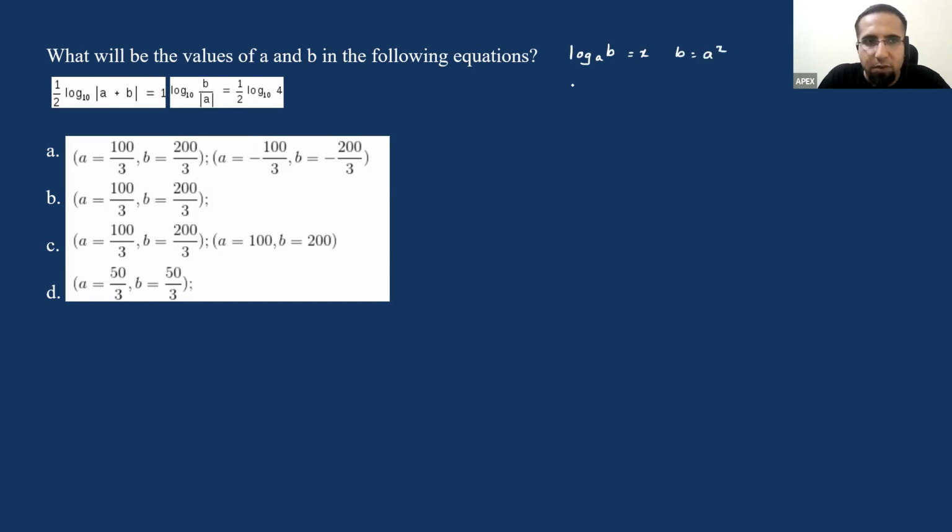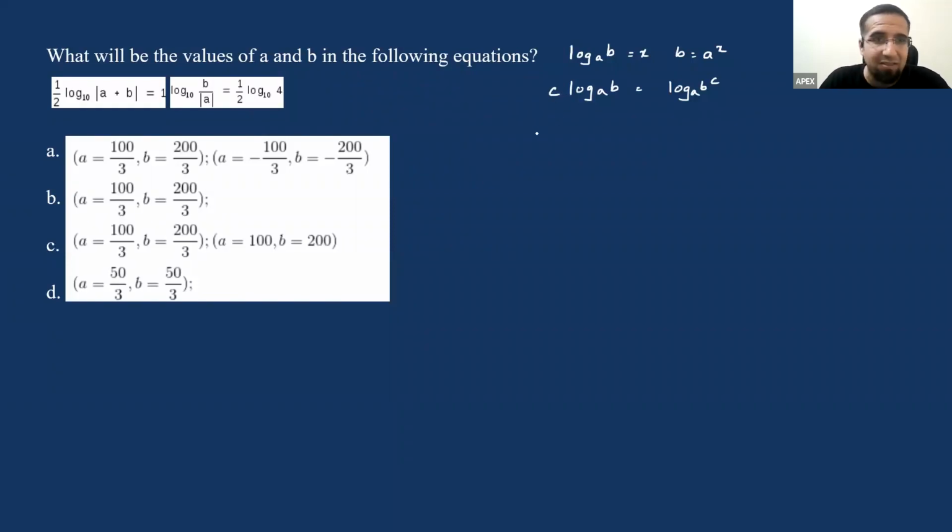Clear? Similarly, the second concept that we're applying is, if I have c log b to the base a, we can also write this as log b to the power c, base a. This is what we'll be applying in the first part of the logs. Clear? So these are the two major things that we are checking in this question.